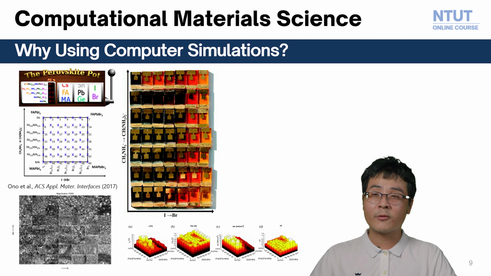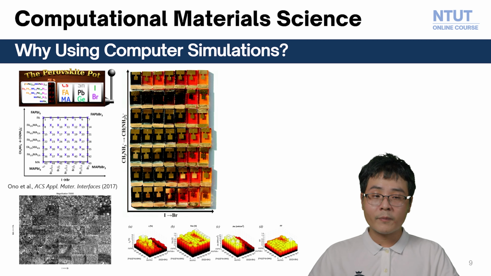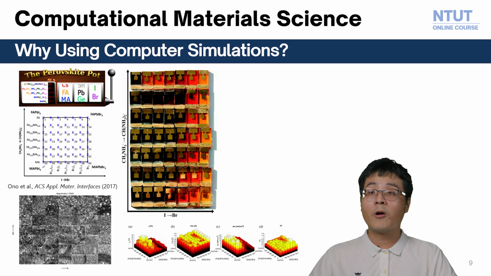So in this research, they used the MA, FA, Pb, Br, I perovskite, which contains five components and a lot of different elements. They picked 7 different compositions for MA and FA, and for Br and I individually.